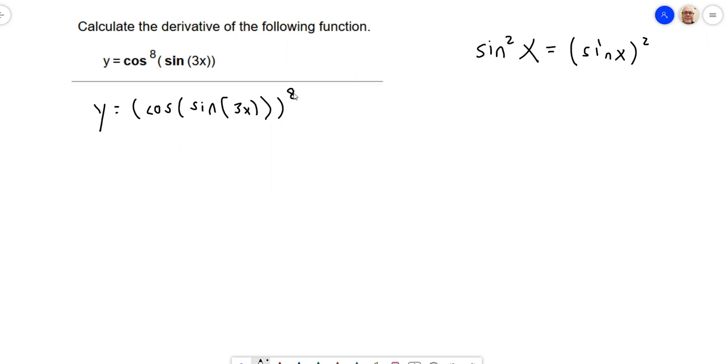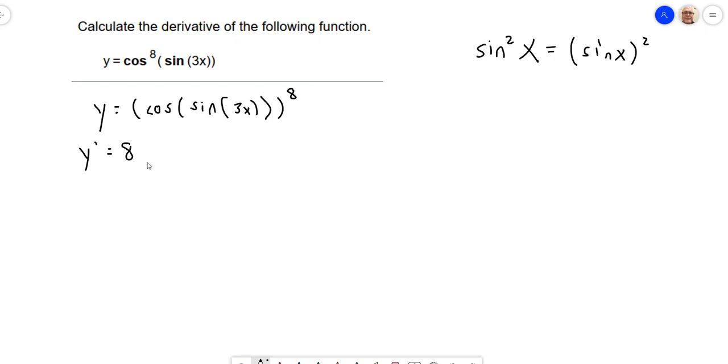So the first thing I'm going to do is apply the chain rule here. So y prime, or the derivative with respect to x, is going to be equal to applying the chain rule. First, we're going to take the derivative of the outer function using the power rule.